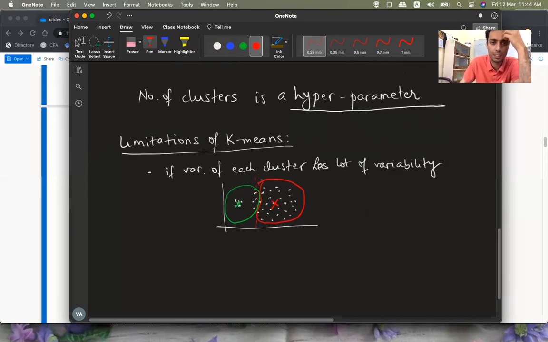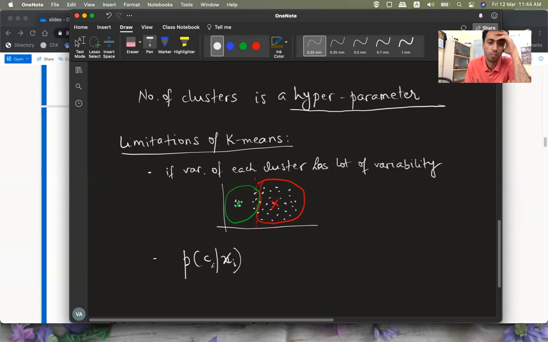And also another limitation could be if I give you a point X, what is the probability of cluster given Xi? What is the probability that Ci is green given Xi?